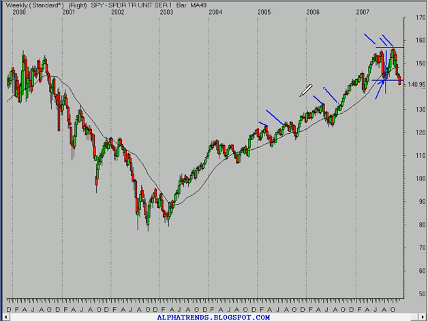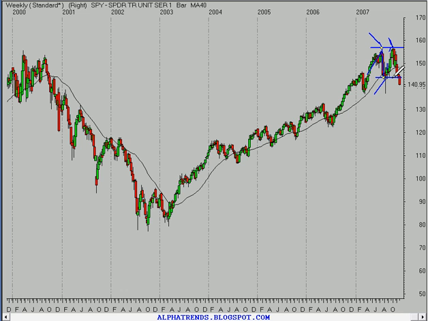Everything's a double top, but the real double top is when the market makes a high in about the same location. You call this point A right here. The pullback would be point B, which brings us to 145, and then the next rally would be point C. What we do is we take the height of that and measure it, and it's basically 12.5 points.